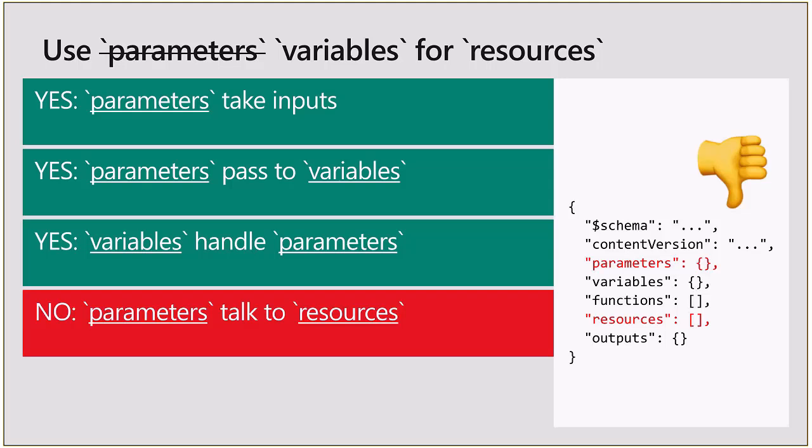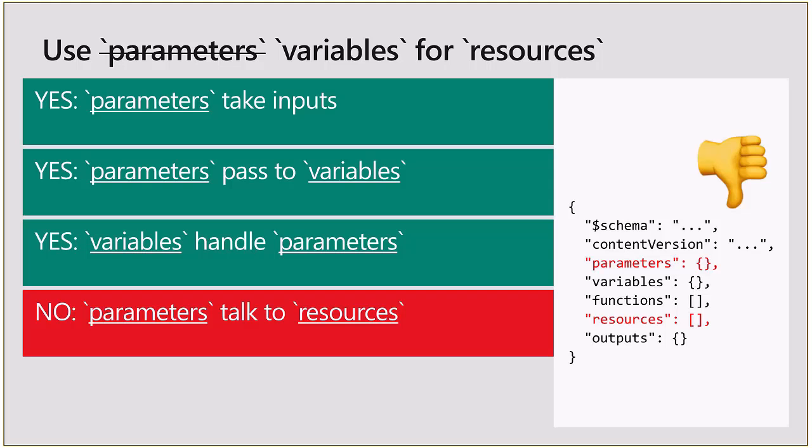Usually the parameter section is at the top, variables next, and the resource definition comes after. Then we have to find what the problem is by scrolling all the way up, all the way down, over and over again.